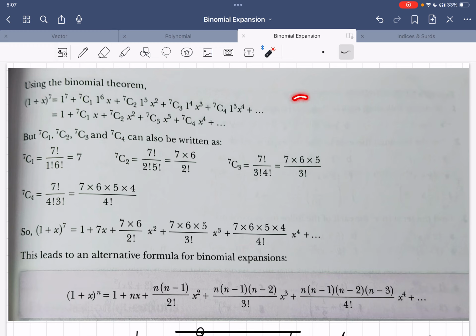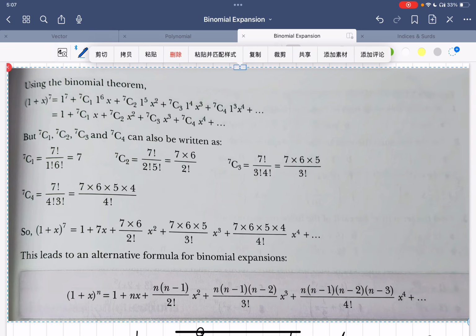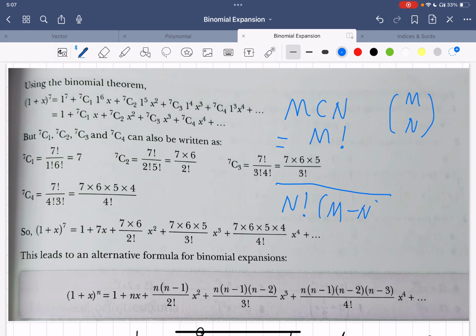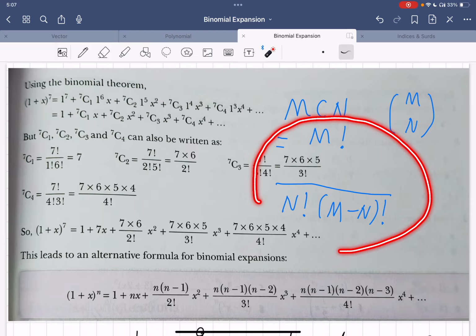So if it's mCn, for example, using brackets, mCn should be equal to m factorial divided by n factorial times m minus n factorial. That is the trend. That is the pattern. Always remember this formula.